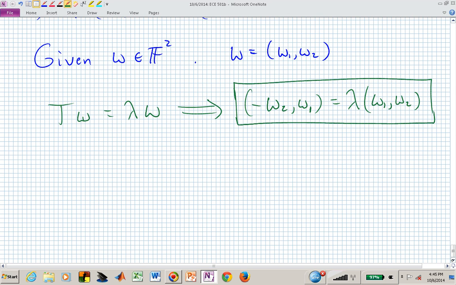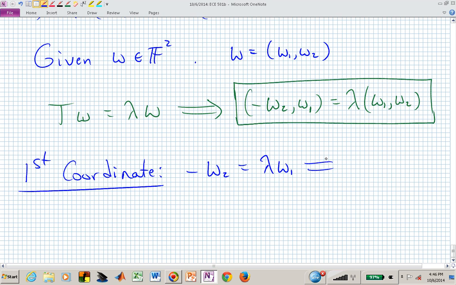Now we can simply equate coordinates. We just have two equations in two unknowns, basically. Well, we have the eigenvalue or the scalar also in there. Let's look at the first coordinate. From the first coordinate, we can now say that minus w sub 2, that's the first coordinate on the left, should equal lambda w1.